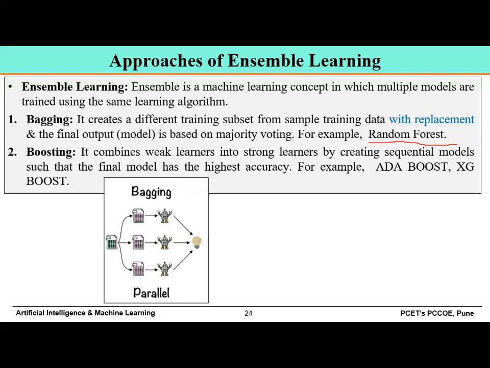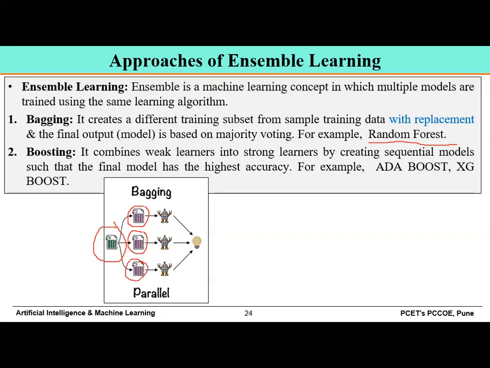So suppose you have a population. Can you see this image? Look at that image carefully. You have a population, for example all students from the given class. From a class of 70-80 students, I will be drawing certain samples. This is sample number 1, sample number 2, and sample number 3, let's say.